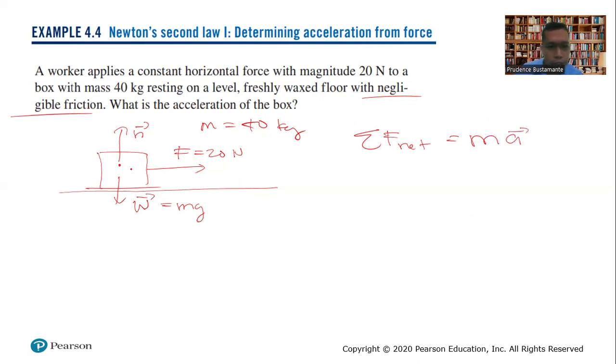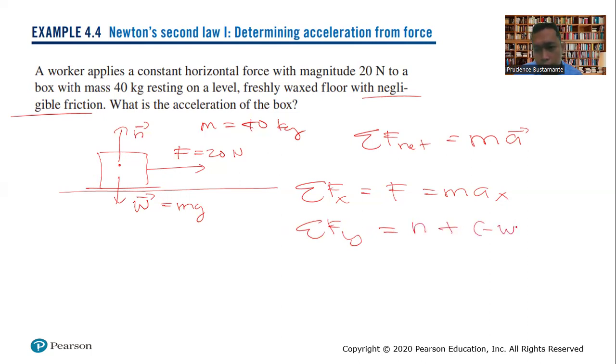Okay, so the summation of all the forces, net force along x, for example, so sa x natin, isa lang, walang friction. So you have this is equal to the mass times the acceleration. Along sa y, since we don't accelerate in y, so we have the normal force plus the negative of the weight force is equal to 0.